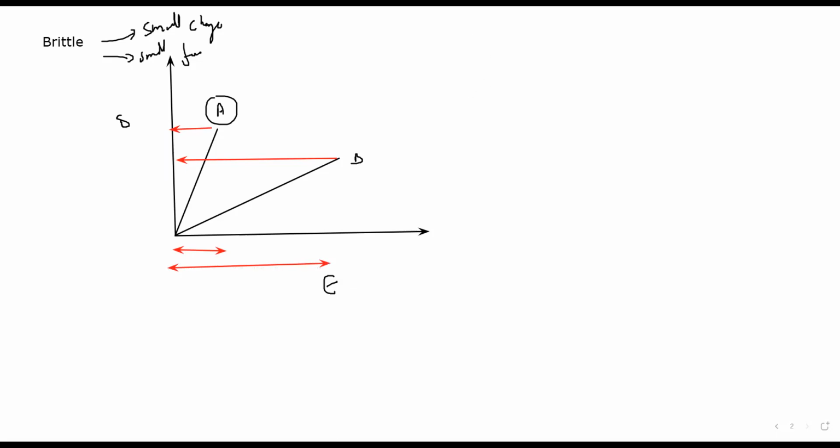Then toughness, tough objects. For tough objects, the object can undergo considerable deformation before it breaks down, or it can absorb a greater amount of energy before it breaks down. So for toughness, you check the area of the graph. The one which has a greater area under the graph is the tough object.